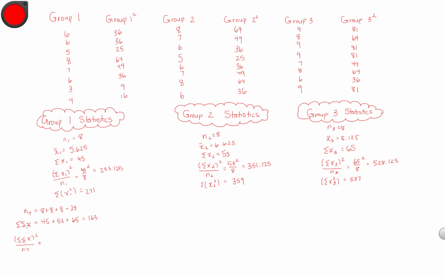We already have sigma x, and we already have n total. So to find sigma x squared over n total, we're going to do 163 squared over 24. And this is going to come out to our first key term. Let me clean that up a little bit. Our first key term of 1,107.04.